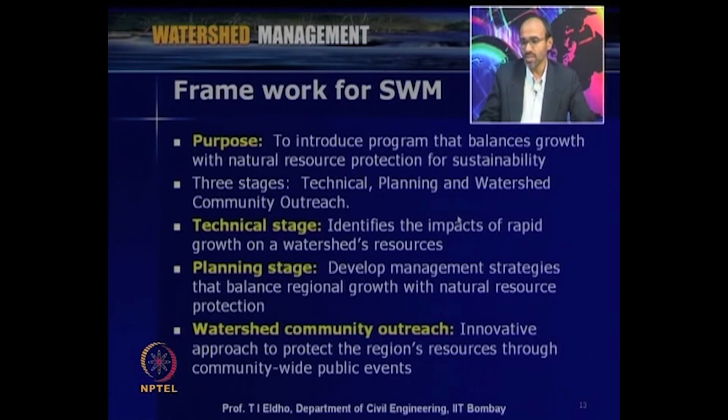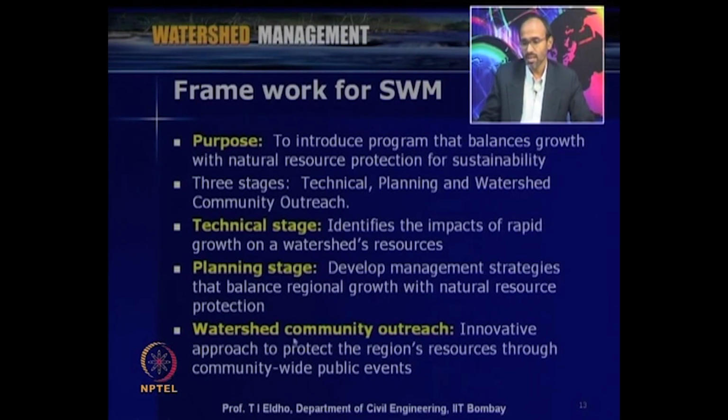The technical stage means we identify the impacts of rapid growth on the watershed's various resources. The second is the planning stage, where we develop management strategies that balance regional growth with natural resource protection within the area.